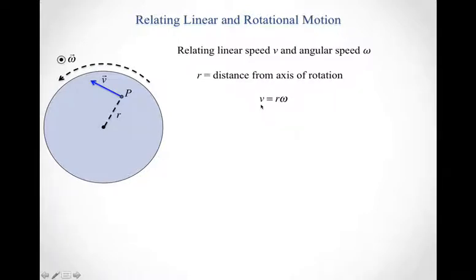The linear speed is just the distance from the axis of rotation times the angular speed. And again, this is meters per second on one side and meters times radians per second on the other, where the radians disappears and you're left with meters per second. So units-wise, this works out because of that unique property of radians as a unit.